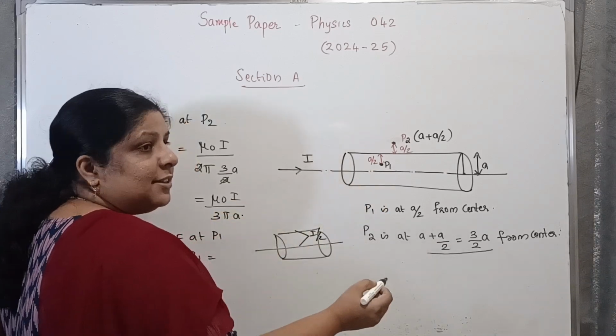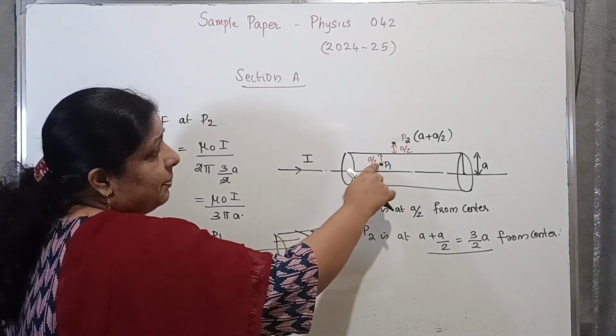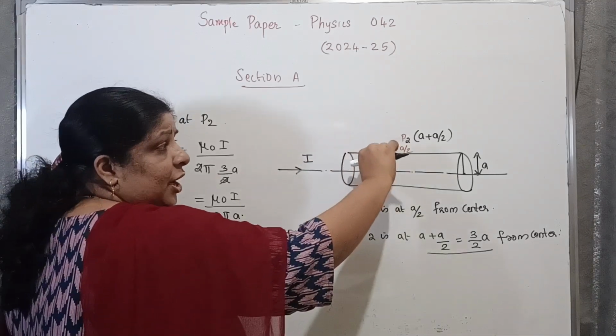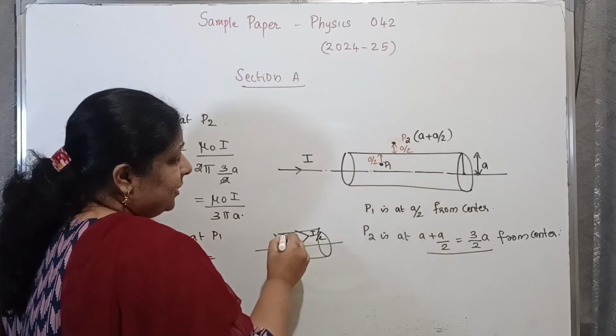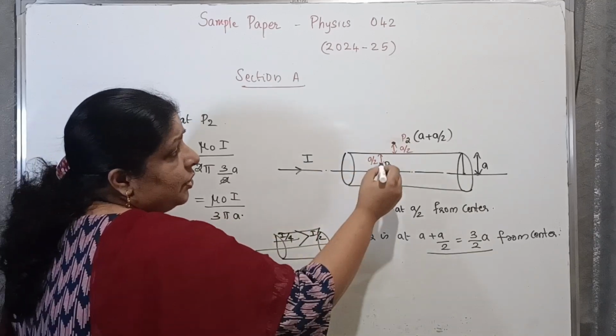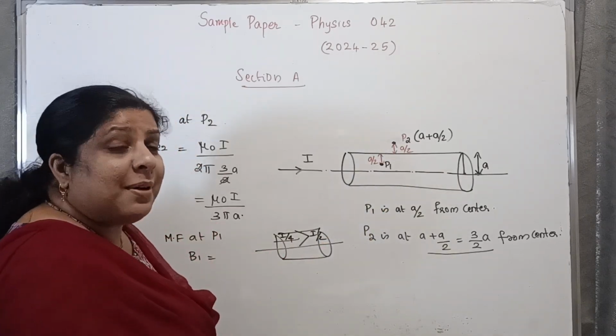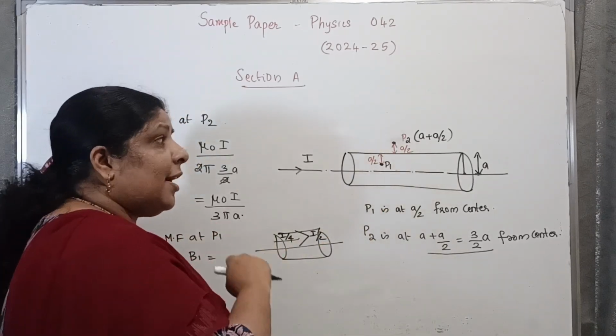So this a by 2 is, this much current only is flowing through a by 2. So that means I by 4 is only flowing. So the magnetic field at P1 is due to I by 4, one fourth of the current.